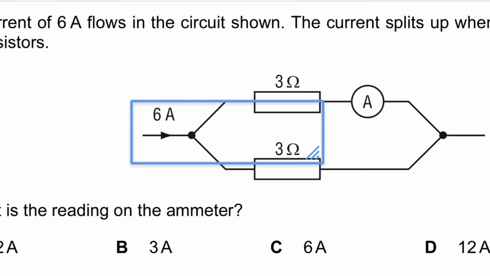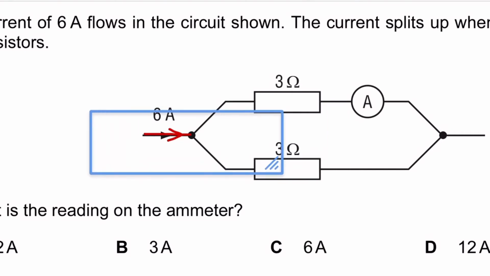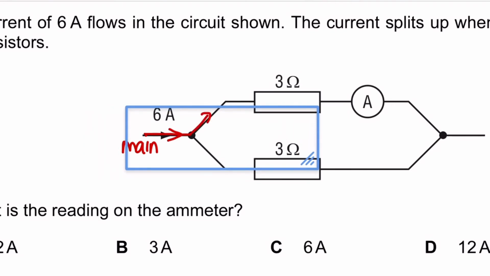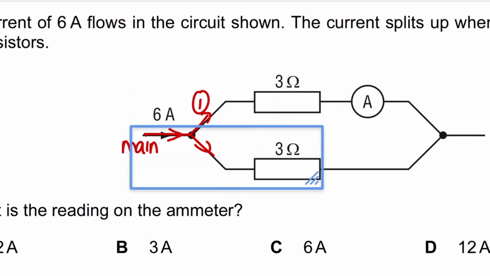So there are 6 amps entering from the main branch. I'll call this the main branch. It will be then split into 2 branches right here. Branch number 1, branch number 2.